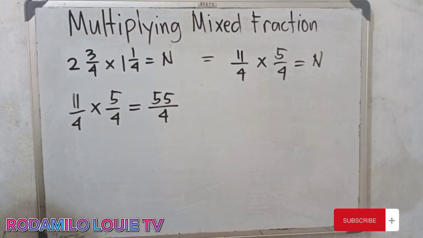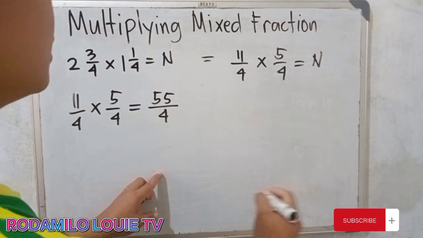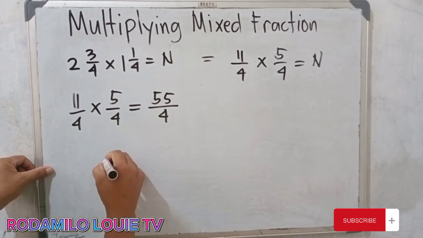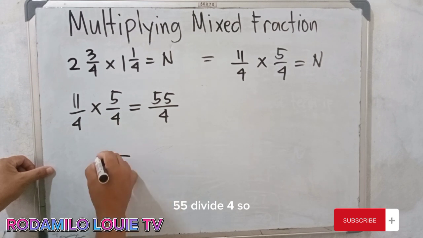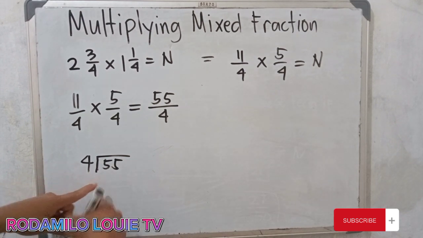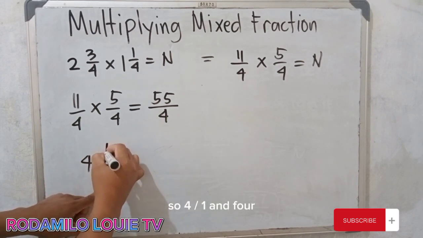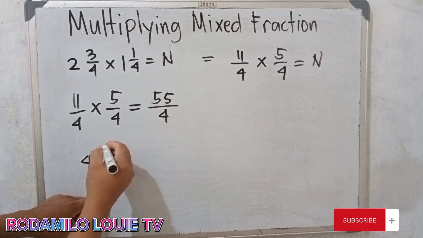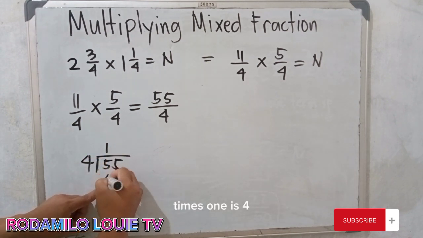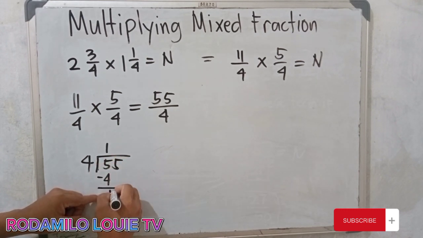So, since improper fraction, atong himuon nga i-transform na ito into simplest form. So, atong himuon nga mixed fraction. So, itong buhaton is i-divide na ito ang 55 divide 4. 5 divide 4 is 1. And 4 times 1 is 4. Subtract na ito. 5 minus 4 is 1. Bring down 5.